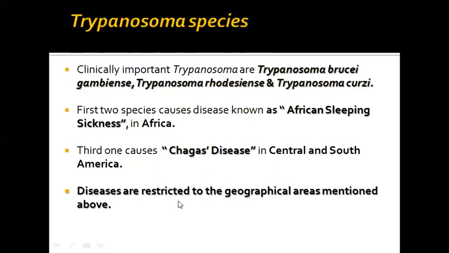The diseases are restricted to the geographical areas mentioned above. This is because these Trypanosoma require a vector to spread the infection to humans, and these vectors are restricted to the particular geographical area, and so the disease is restricted to the particular geographical areas mentioned.